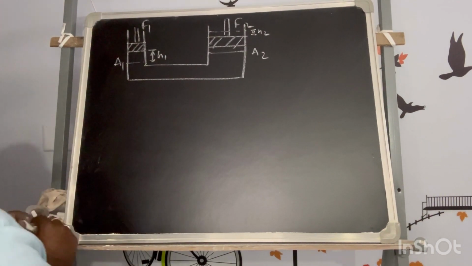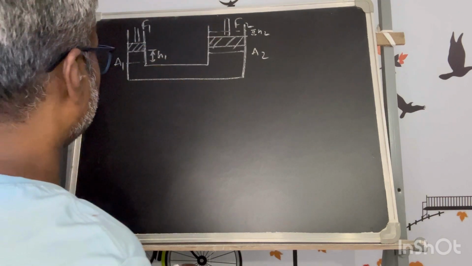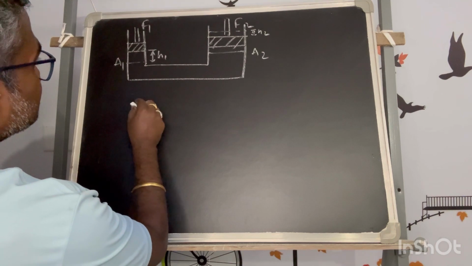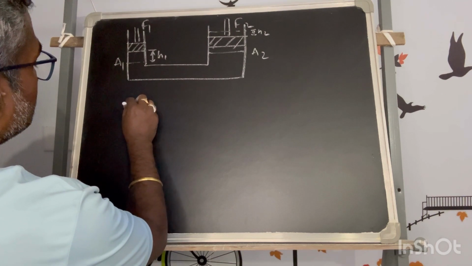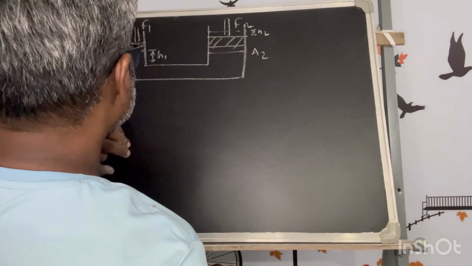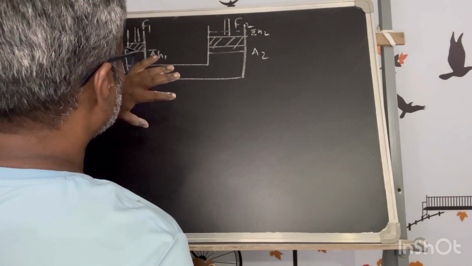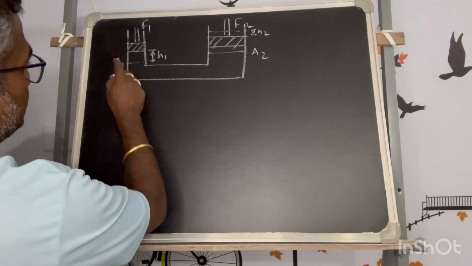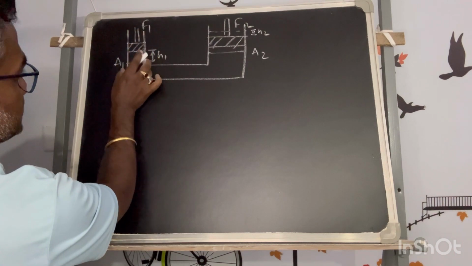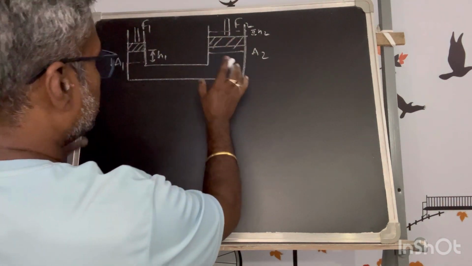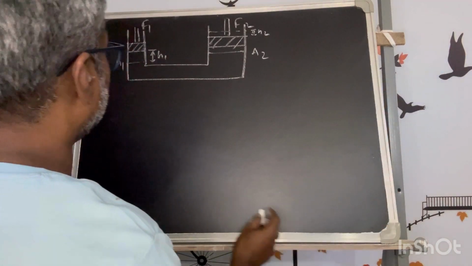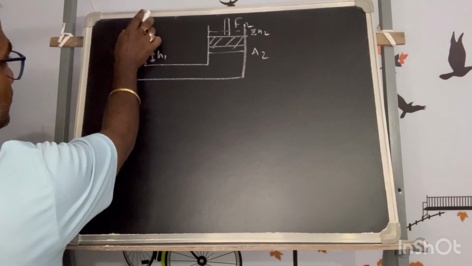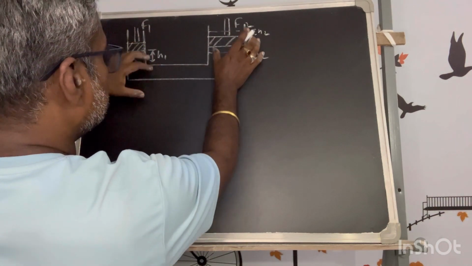Not in this way, rather the force cannot be the same. I can see that whatever liquid flows from this side has to be accommodated there, because there is no way of taking out the liquid. So what is the amount of liquid flowing from this side due to this force, after it comes to equilibrium?